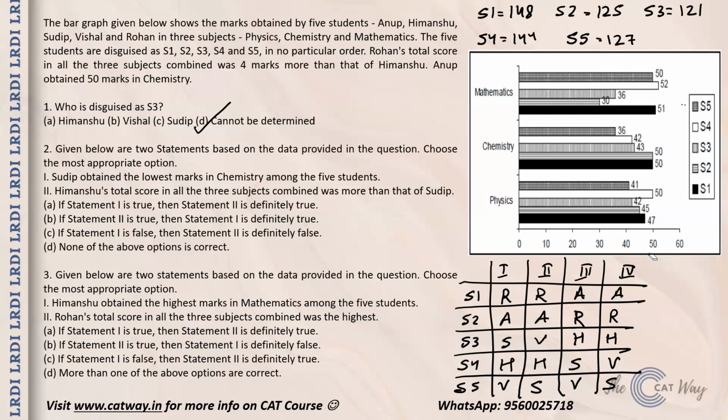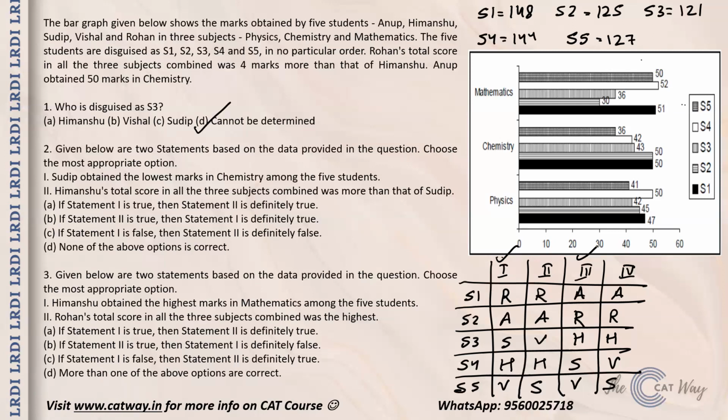Come to option number C. So it says that if statement 1 is false. Statement 1 is Sudeep obtained lowest marks in chemistry. That means that statement is false. So whenever Sudeep is not student 5, we will consider those two cases, and those two cases are case 1 and case 3. In this case, statement 1 is false. Sudeep did not score the lowest marks in chemistry. Look at statement 2 now, and it has to be definitely false.